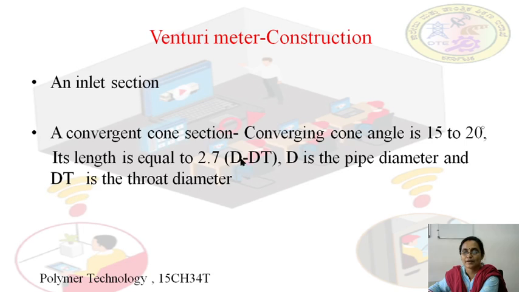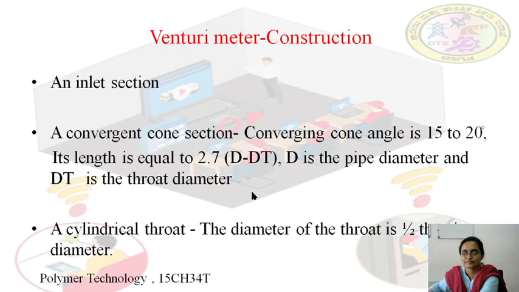Then the cylindrical throat. The diameter of the throat is half the pipe diameter, where the fluid is accelerated.